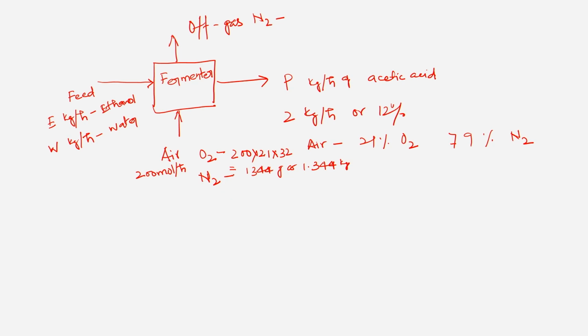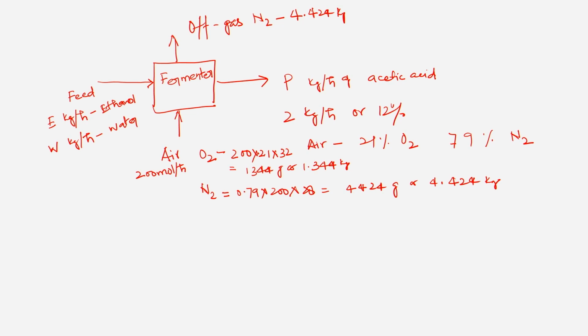Now, the same if I do for the nitrogen. Nitrogen is 0.79 into 200 and its molecular weight is 28. We are going to have 4424 gram or 4.424 kg. So, as I told, nitrogen will directly go out, it will not participate in the reaction, being inert.